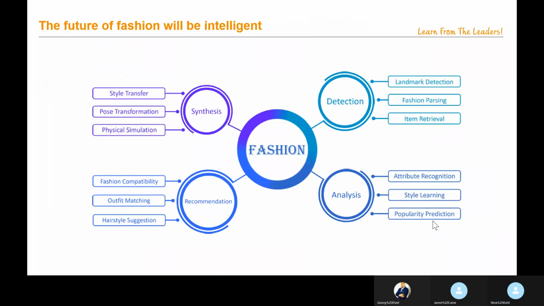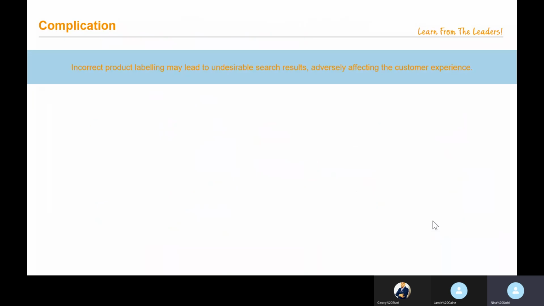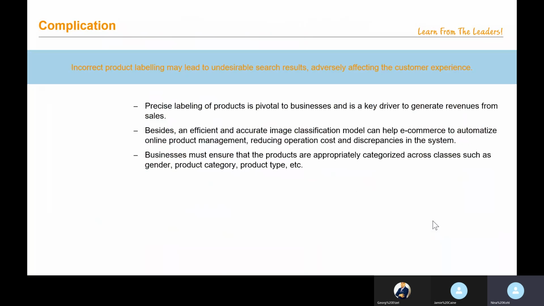And what I would like to do now is have a look at how this will help you, because what you told me is that incorrect product labeling might lead to undesirable search results, and they are adversely affecting the customer experience. So precise labeling of products is pivotal to businesses and is a key driver to generate revenues from sales.